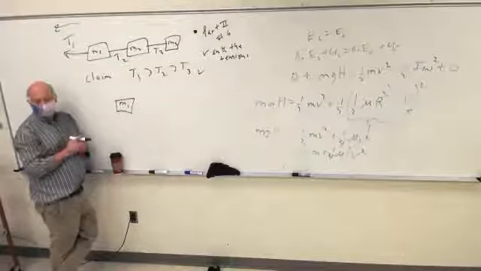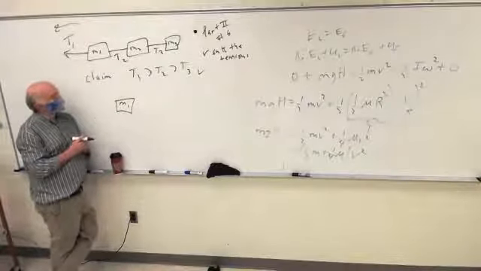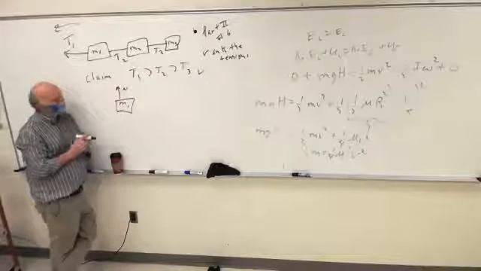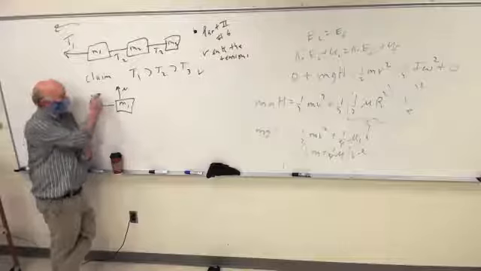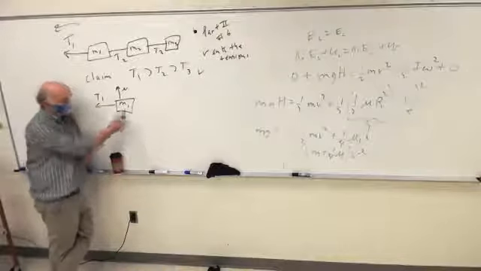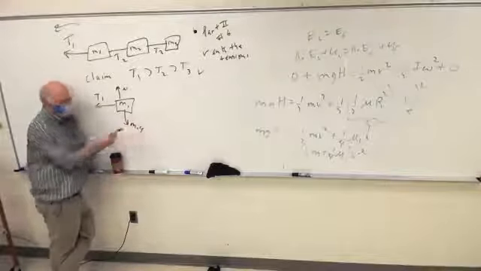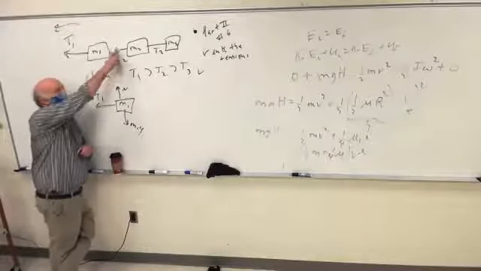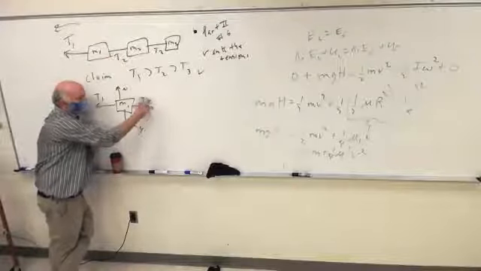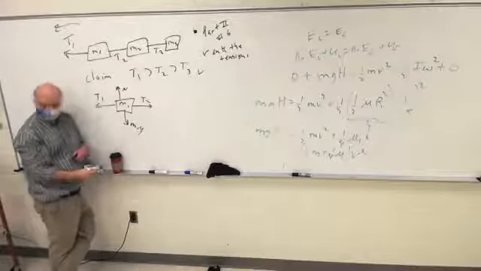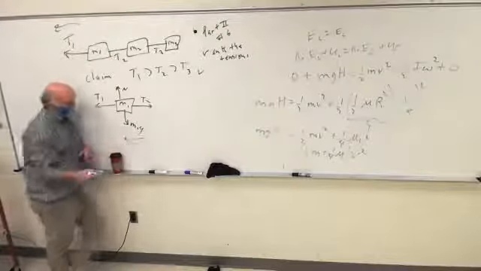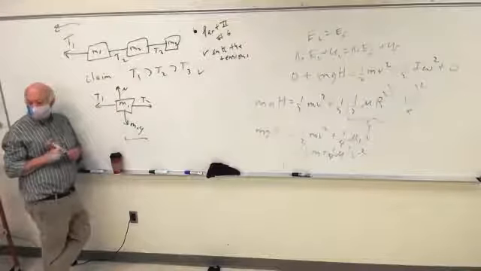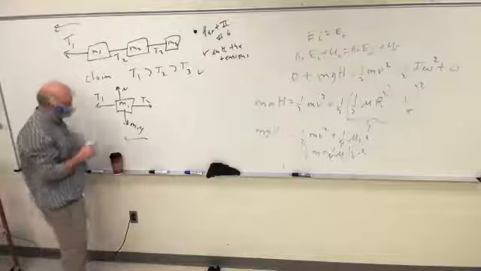Okay, so what are all the forces on that? There's a normal. Tension this way. There's a weight. That's it. There's T2 right here. Which way is this moving? It's moving this way. If it's moving that way, which of these forces have to be greater? T1.